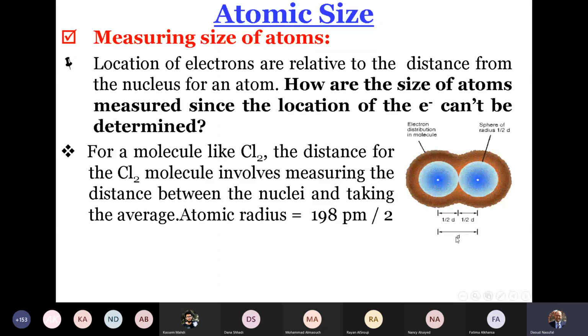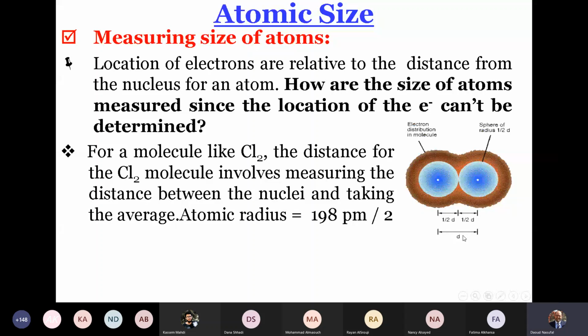For any molecule, we can measure the distance between the atoms. So when the distance d is measured, and we suppose that X and X are tangent, this distance is practically equal to the radius of the first plus the radius of the second.